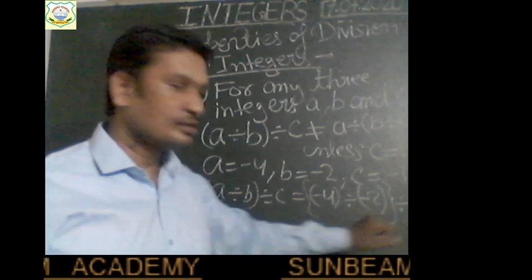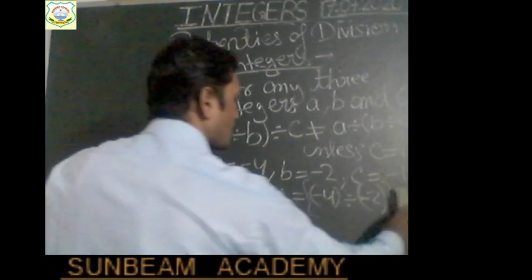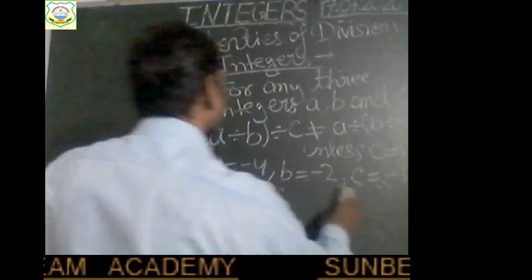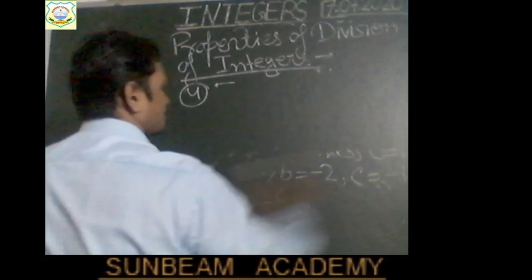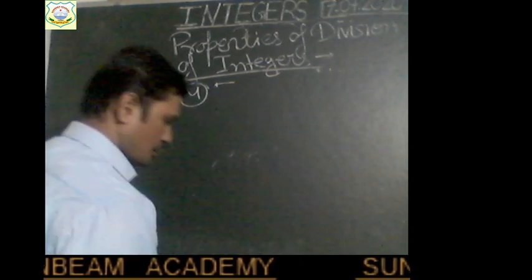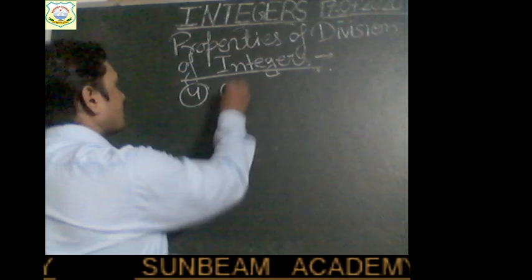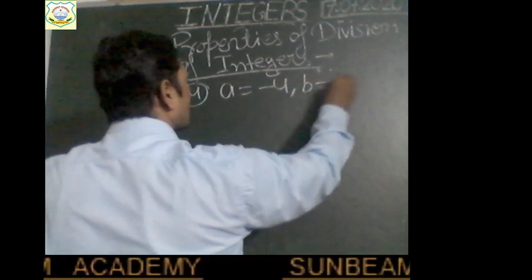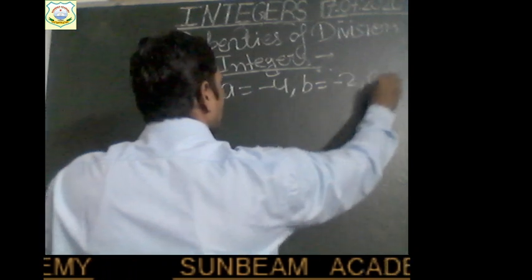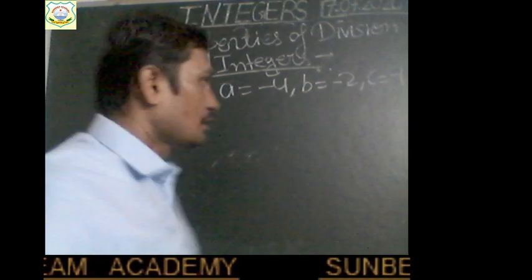I think you cannot see, so I am rubbing this and writing again so that you could understand. Suppose a equal to -4, b is equal to -2 and c equal to -1. Now you can see.